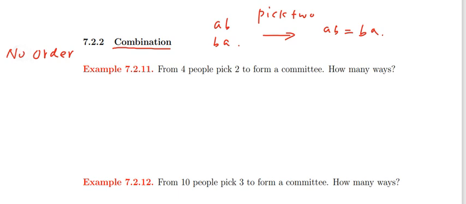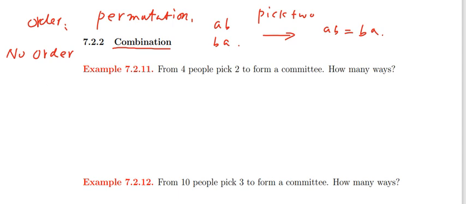If we consider order, first one, second one, not the same, then we call that a permutation. Those are just the notation of words. But anyway, let's consider the problem.